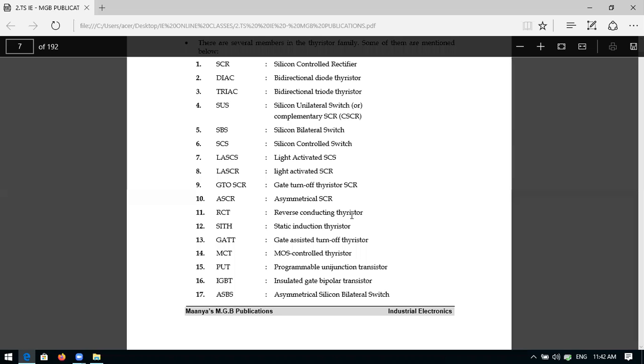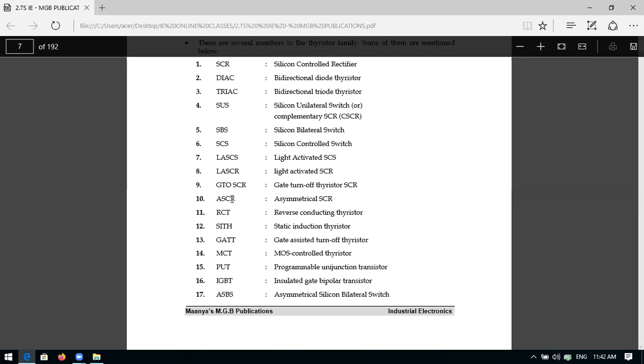PUT, programmable unijunction transistor. It is not a thyristor, it is a transistor. Next is IGBT, insulated gate bipolar transistor. Next one is ASBS, asymmetrical silicon bilateral switch. These are the devices we mainly have from ASCR.